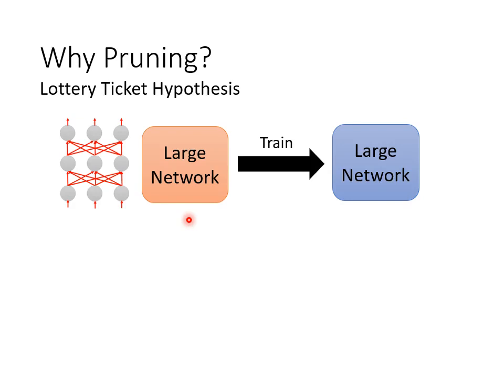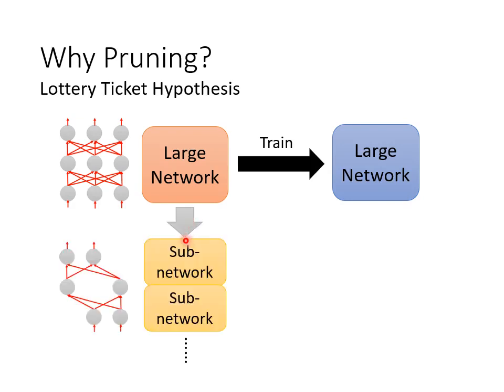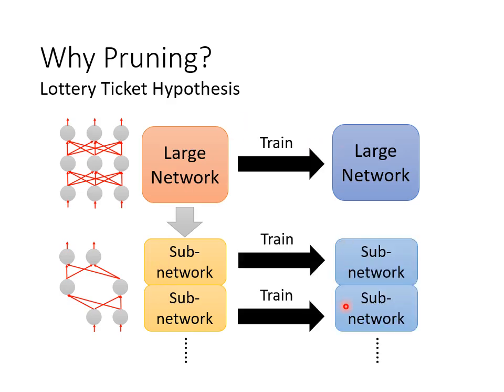So it's the same for a large network. A big network can be regarded as a combination of many small sub-networks. We can think of it as a big network that contains a lot of small networks. When we train the big network, we are actually training many small networks at the same time. Not every small network would be able to be successfully trained. A successful training does not mean that it could find a good solution. Through gradient descent, we may not be able to get a result that lowers the loss.